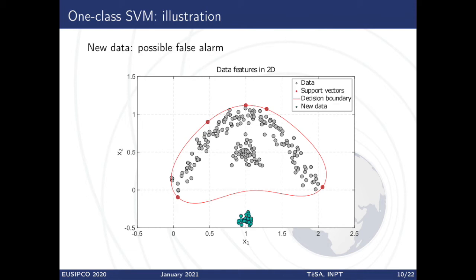And moreover, if we have new training data outside this boundary here, but they could consist in nominal data, we would like to tell the algorithm that this data should not be outside the boundary.